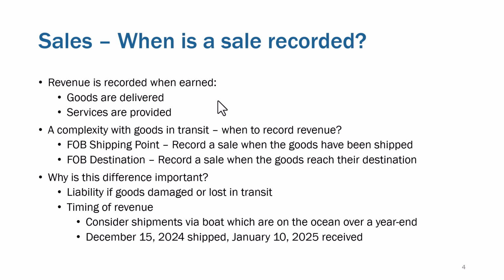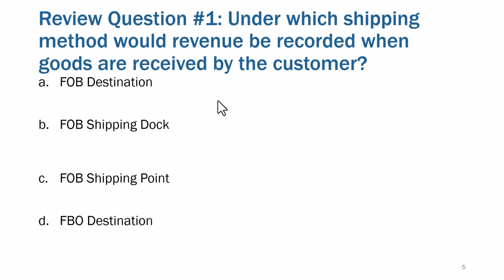Something like that. It can take a while, and so it's important to understand what the terms are here, and the revenue is recognized based on those terms: FOB shipping point or destination. So in that example, if it was FOB shipping point, the revenue would be recognized in 2024, and if it's FOB destination, it would have been 2025.